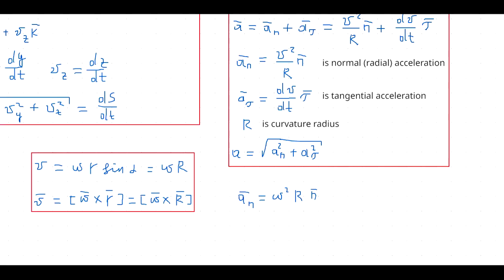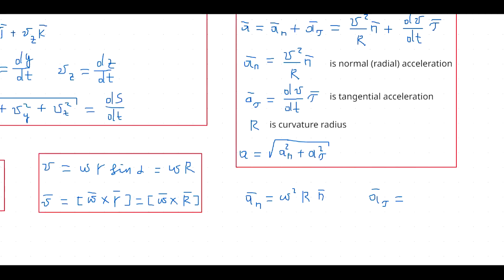And tangential acceleration a tau is equal to, no, we will use this, and according to this, this is equal to beta r multiplied by unit vector tau.